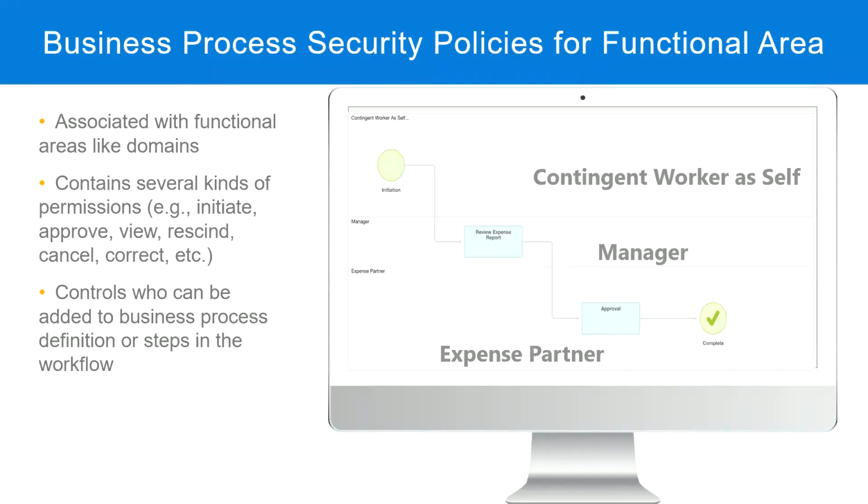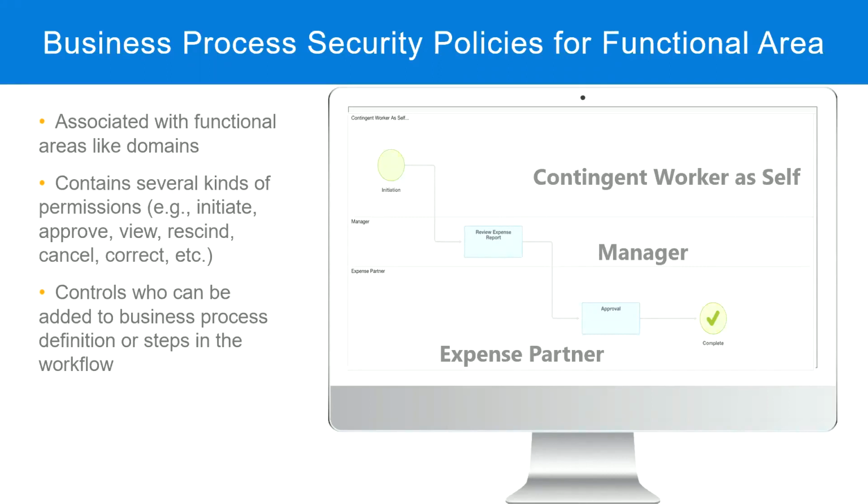That is what is controlled by the business process security policy as well. Who can do those steps in the business process definition? Right. It's not up to our whims and fancies. Okay, this process step should be done by such and such.